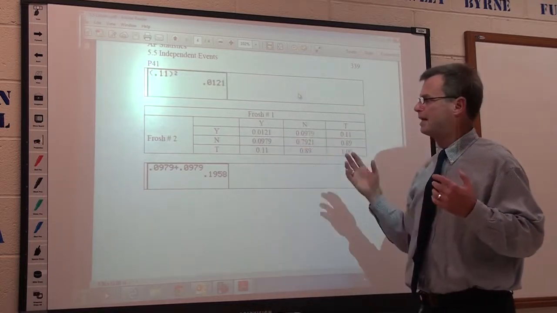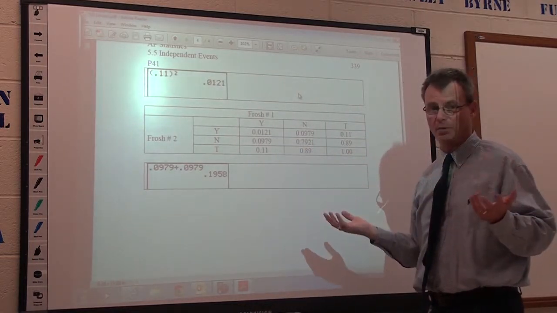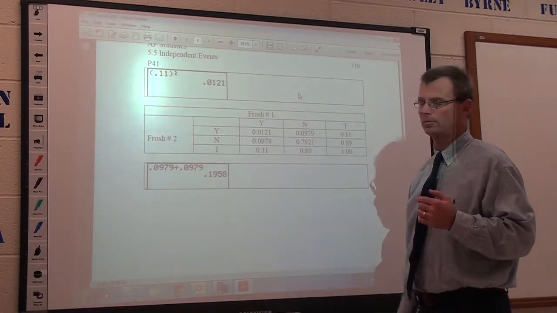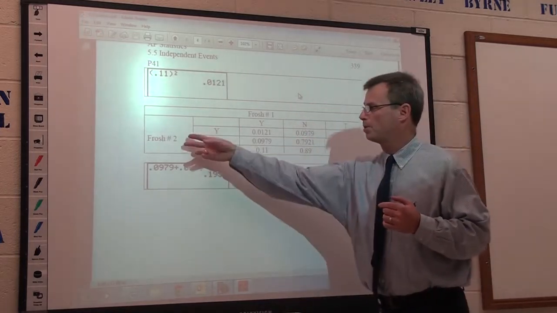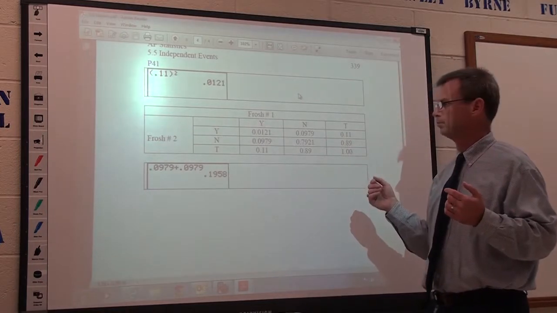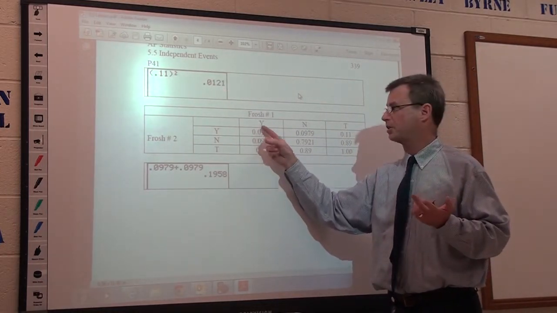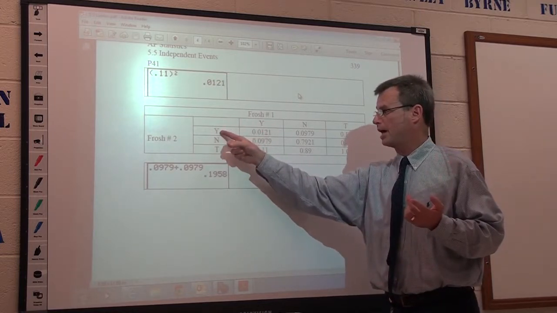And they ask us to take that information and summarize it in a table. So we have a two-way table. Freshman number 1 is the column. Freshman number 2 is the row. The answer for part A gets pasted here in the intersection: yes for 1, yes for 2.